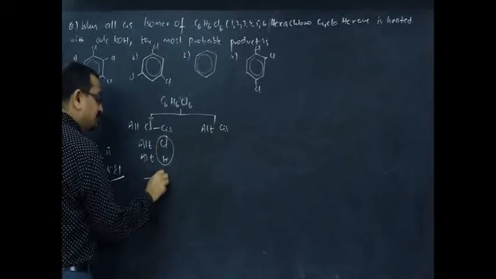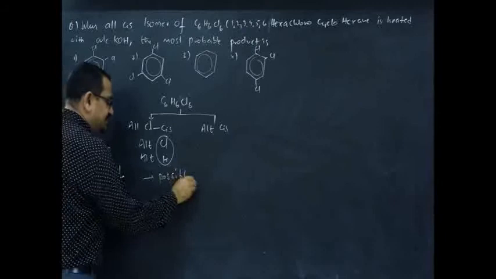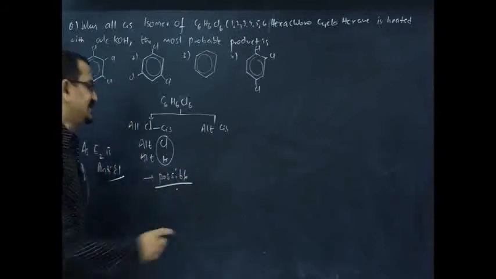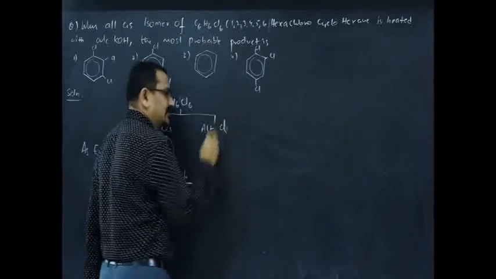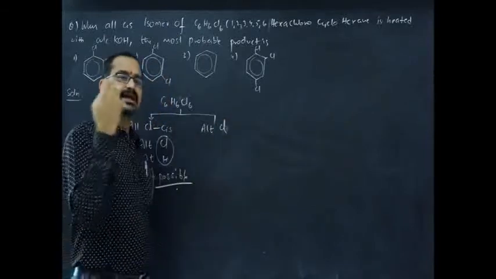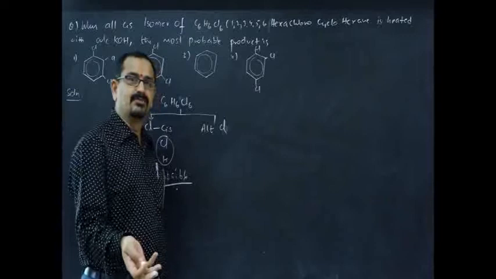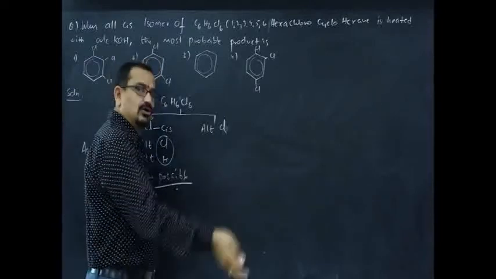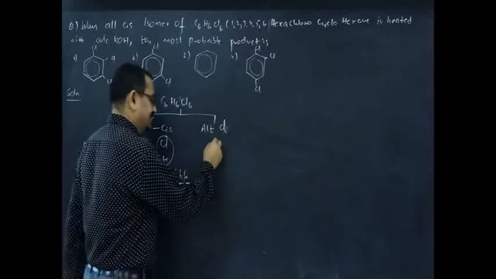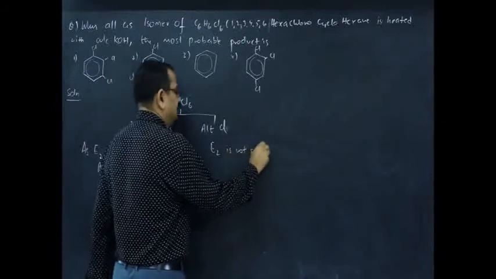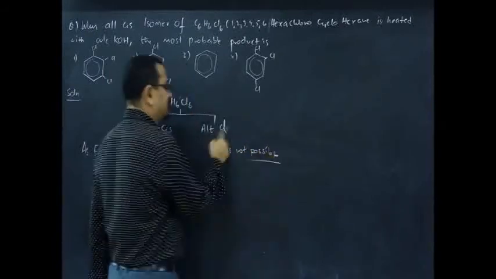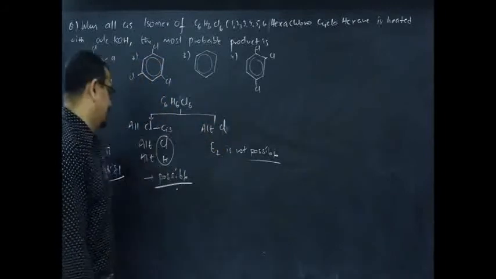So, E2 elimination is possible in this case. In the case of alternate chlorines, one chlorine is above and the third carbon chlorine is above, like that, and the second carbon chlorine is below the plane. Then E2 elimination is not possible in case of alternate chlorines above and below the plane.